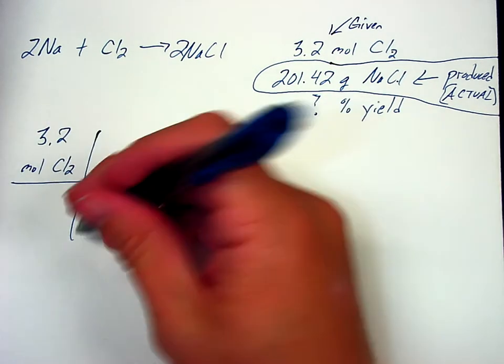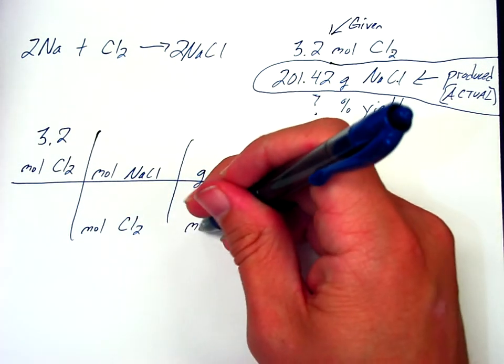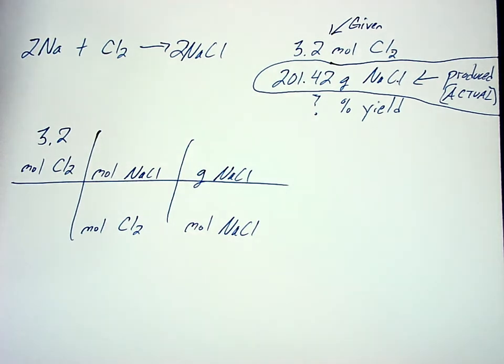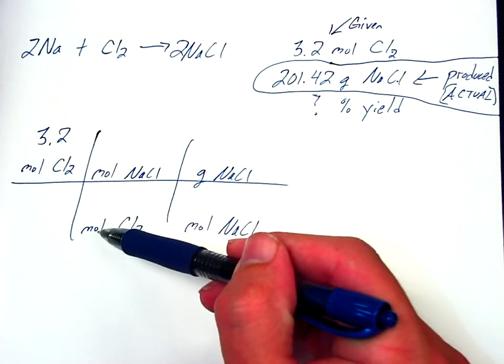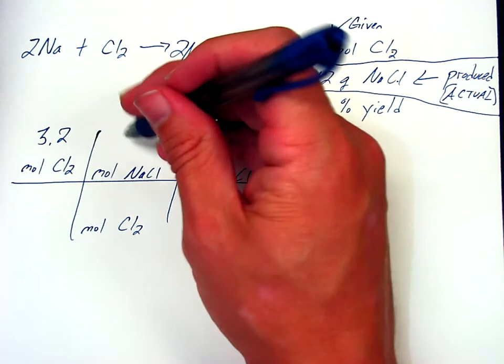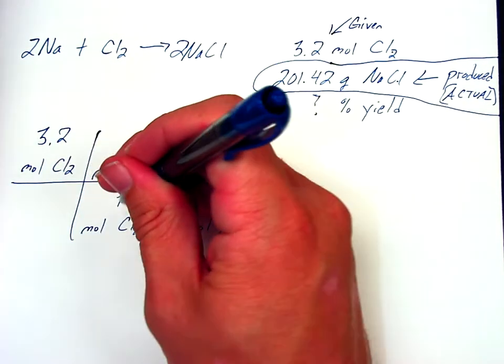I'm going to make my diagonals correct. Moles is over moles, that's coefficients, always. The NaCl coefficient is 2. The chlorine coefficient is 1.